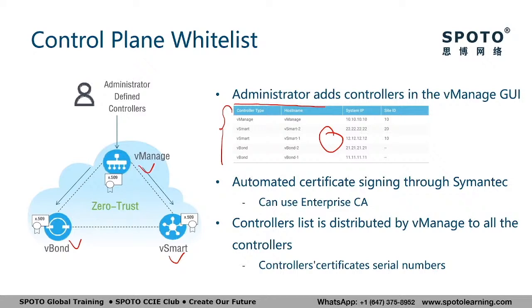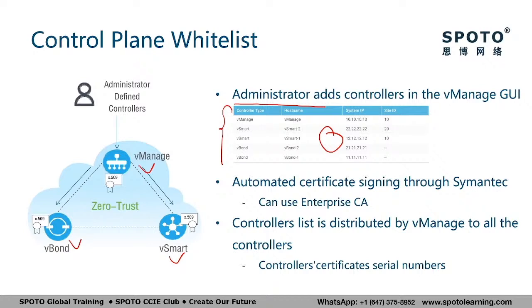Certificate signing through Symantec. The default in the solution is to use Symantec. The process is automatic. But if your environment is not connected to the internet, then you would need to use a manual process. Basically, you download the CSR file.